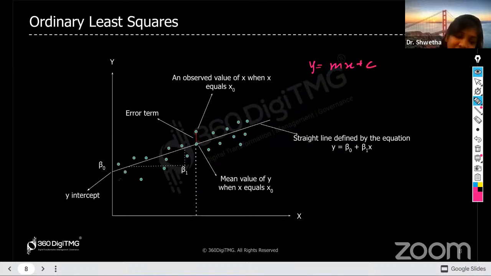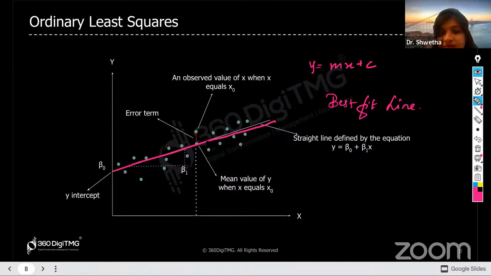We are fitting a straight line which will be able to cover all the data points. By using regression analysis, we are trying to find a best fit line. We are telling that this line equation will include a lot of data points, and this can predict new data points also.